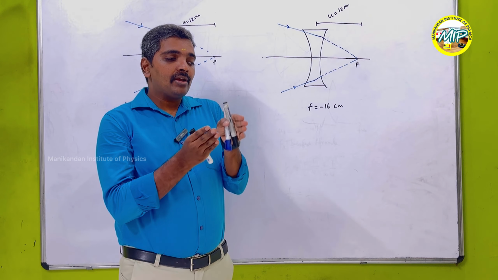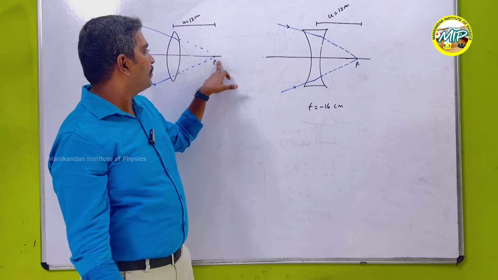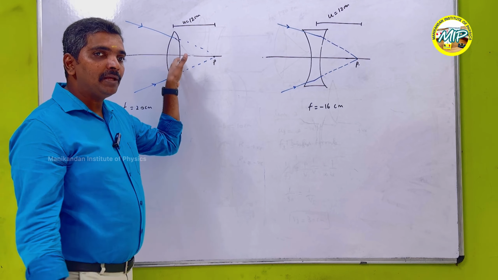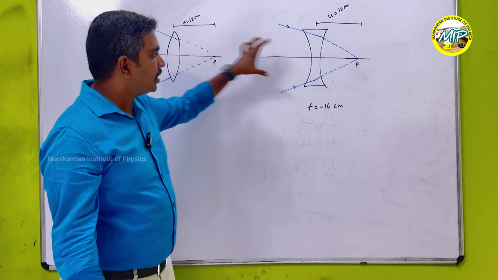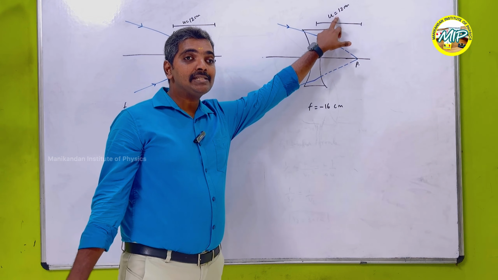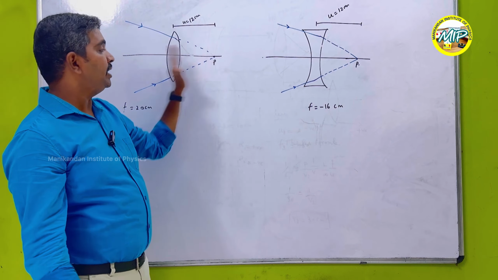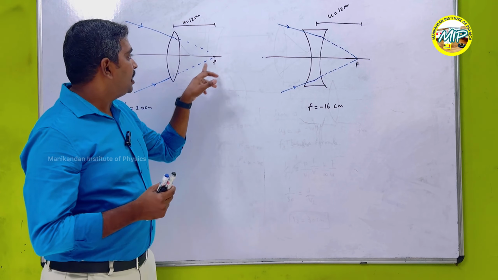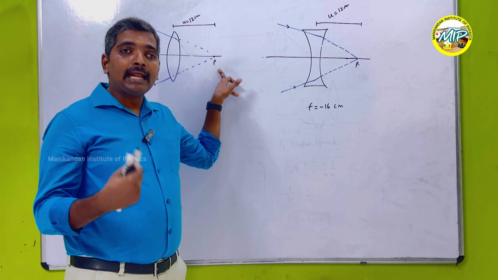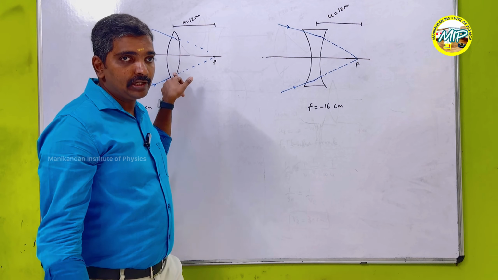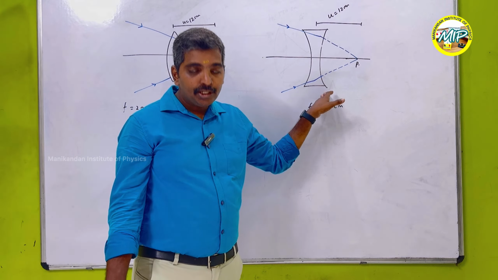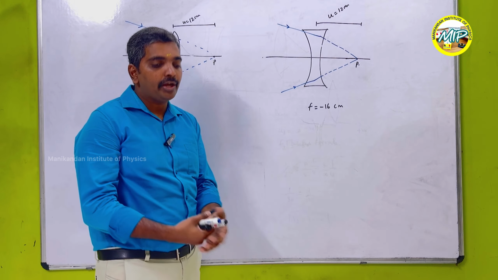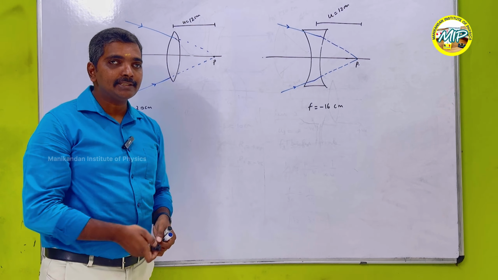There is a convergent beam at point P, so in the middle of that beam we place the convex lens here and the concave lens here at 12 centimeter distance from the point P. Here the image produced at point P acts as a source for this lens as well as this lens. First we solve for this case and then for the other case. We just want to find the image distance.